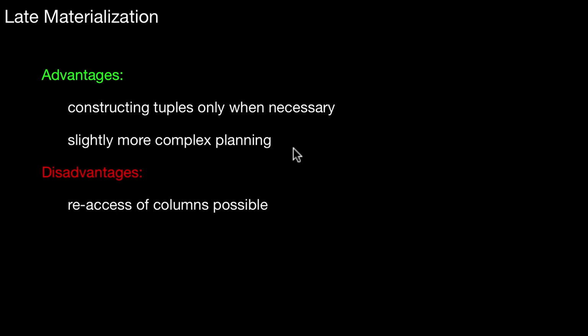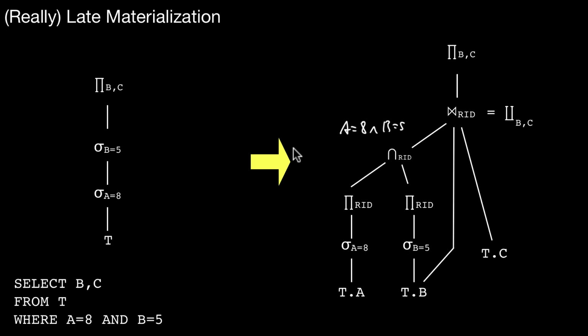Disadvantages is also here that you might be re-accessing columns. We had an example of that above. Here, this was an example for re-accessing column B. So we use it in the first round to fetch the row IDs of qualifying tuples that happened here. But then when fetching the attribute values in this tuple reconstruction join here, we have to go back to this column.